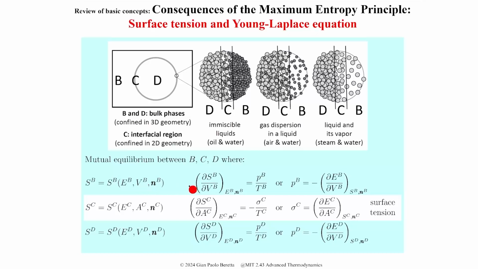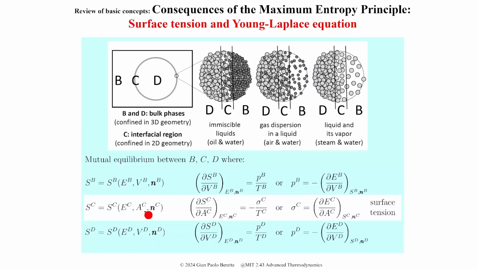And like we define P over T as the partial derivative of the fundamental relation for the stable equilibrium state with respect to volume, for this particular system, the derivative of S with respect to A, we call it minus sigma over T. And if we invert the function, you can see, like for the bulk system, the pressure is minus the derivative of the energy with respect to volume in the energy form of the fundamental relation.